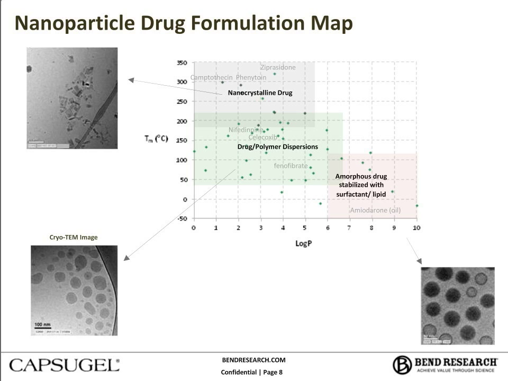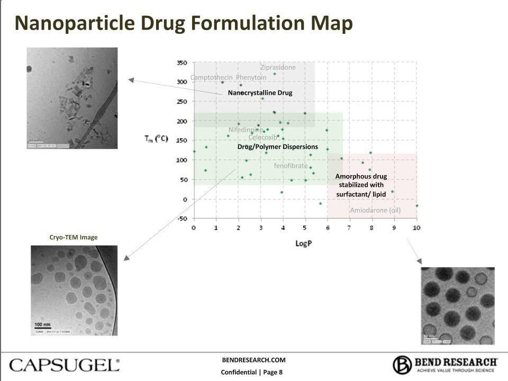Drug polymer dispersions using high Tg polymers can be used for the same low log P, high melting point compounds, but the loading often has to be restricted to maintain physical stability of the dispersion. So these types of dispersions tend to be more readily applicable to compounds having a little bit lower melting point or higher log P because they're amenable to making relatively stable dispersions with high drug loading.